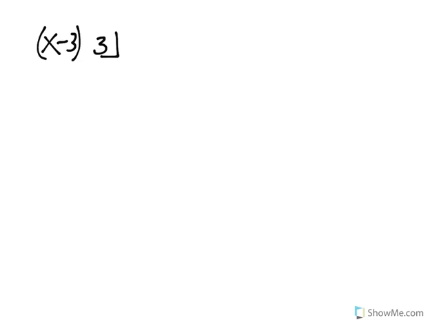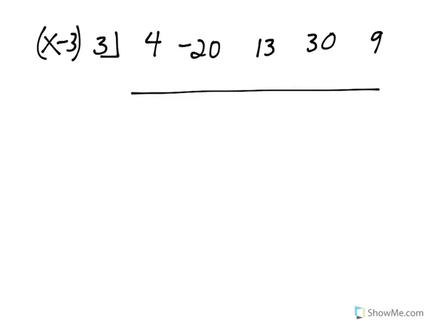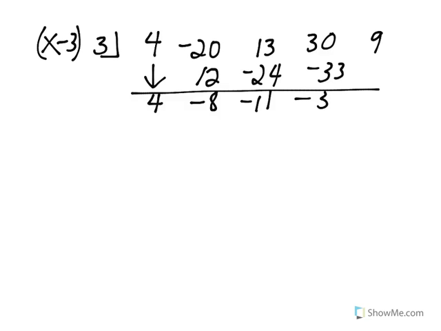Okay, so we're going to use 4, negative 20, 13, 30, and 9. I could have used a fraction first, but I figured why not get the whole number out of the way. Then you'll have less things that you'll have to divide by 2. So this will be 4, 12, negative 8, negative 24, negative 11, negative 33, and then negative 9.